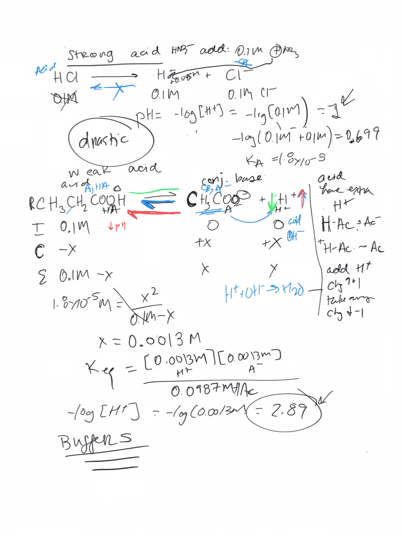Our reaction would shift to the right to replace that H plus that's been depleted by being neutralized by the OH minus. And the result of that is we are going to increase our conjugate base relative to our acid, and that is going to cause an increase in the pH.